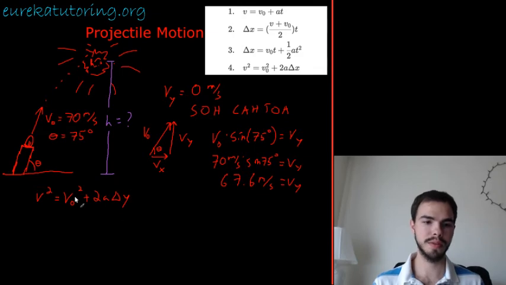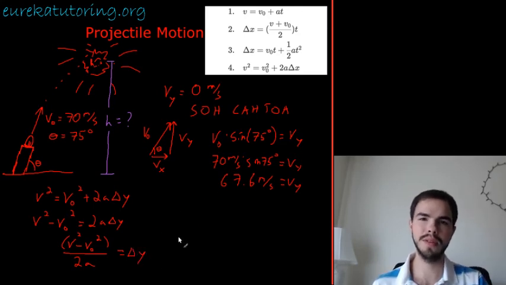We're going to solve for delta y, so we bring v naught squared over: v squared minus v naught squared equals 2a delta y. We divide by 2a, and we get v squared minus v naught squared, divided by 2a, equals our delta y.